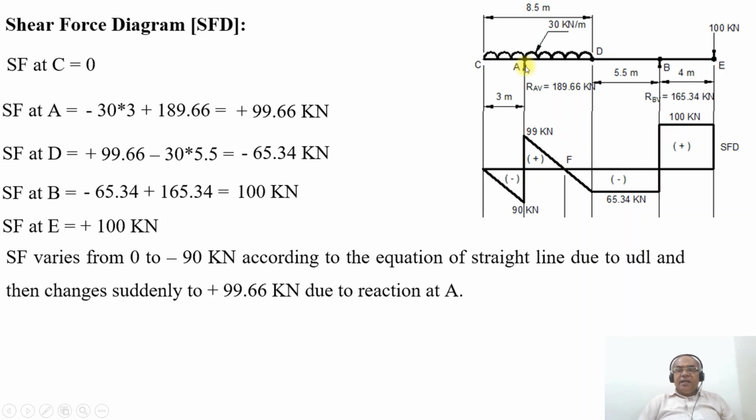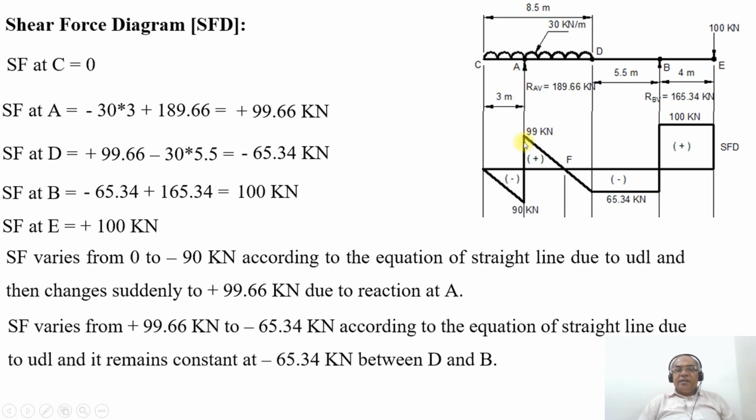Then at D, it drops from plus 99 kilonewton to minus 65.34 kilonewton according to the equation of a straight line, due to the UDL, and remains constant as there is no other load acting between D and B. It remains the same at minus 65.34 kilonewton.